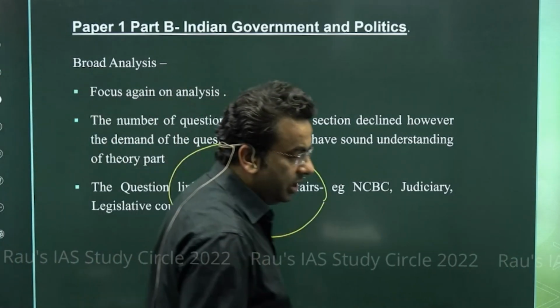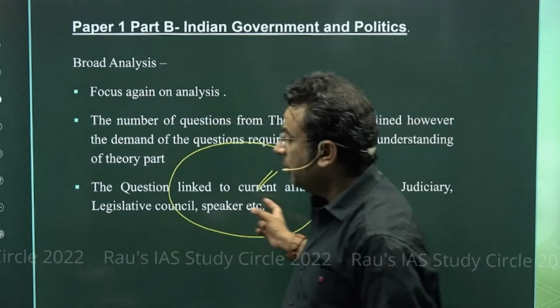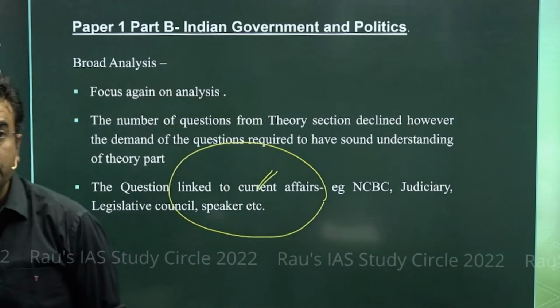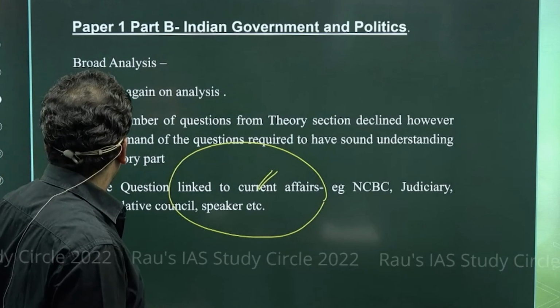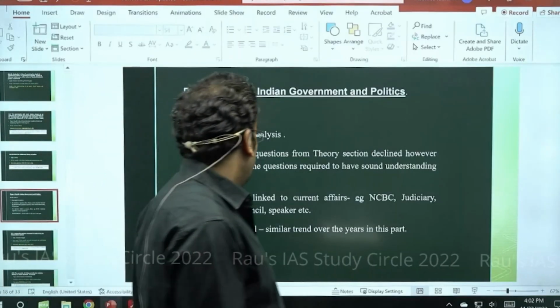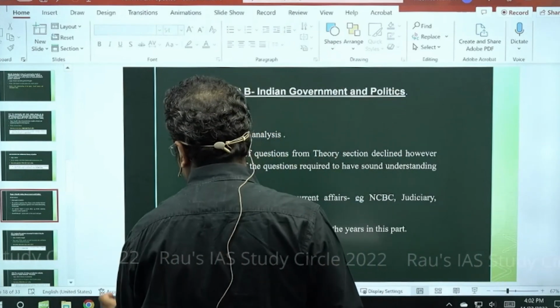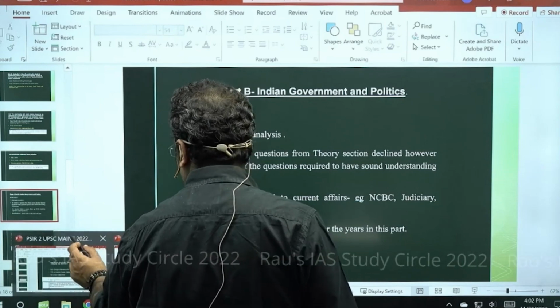You have to link with current affairs. So here in IGP, reading newspapers and understanding of recent political issues is very important. Otherwise, paper 1 was not at all challenging.